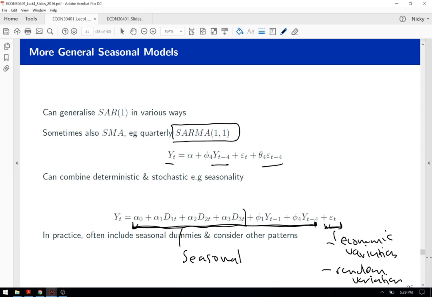Allowing the mean to change is not particularly controversial, but specifying which part of a stochastic variation is seasonal is. For example, why not have this shock there as well, and this as well? Why is this not seasonality, and so on. So hopefully you see the point: where do we draw the line as to what's seasonal variation and what isn't?